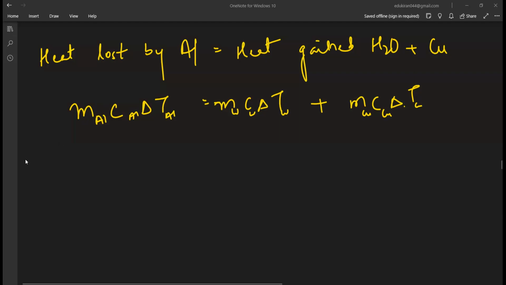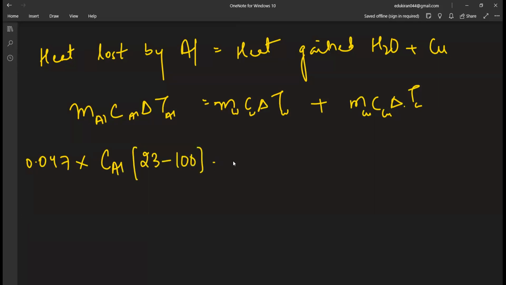Now see, mass is given as 0.047 into, this is unknown, this you have to calculate. Change in temperature is from 23 to 100. Again, mass of water is given as 0.25 into specific heat, and change in temperature is 23 minus 20 for water.